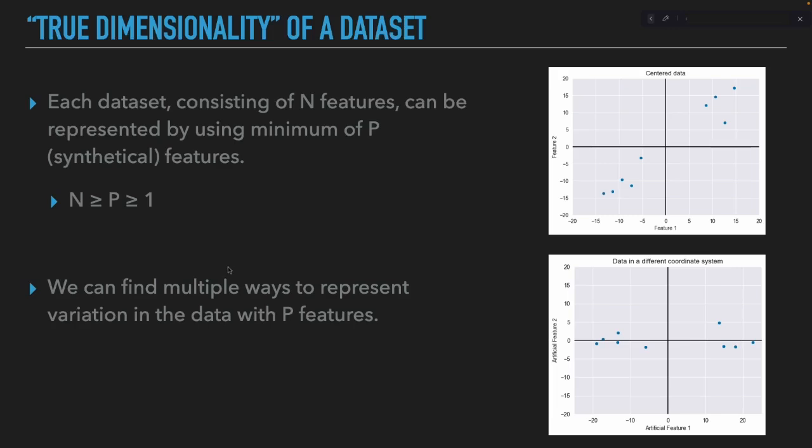And we can also say that we can find multiple ways to represent variation in the data by using only p features. So we could again take a look at this two-dimensional data with true dimensionality of 2, and we could go on and, for example, rotate this data, and we would preserve all the patterns. Everything would remain the same, only the axes will get different meanings.